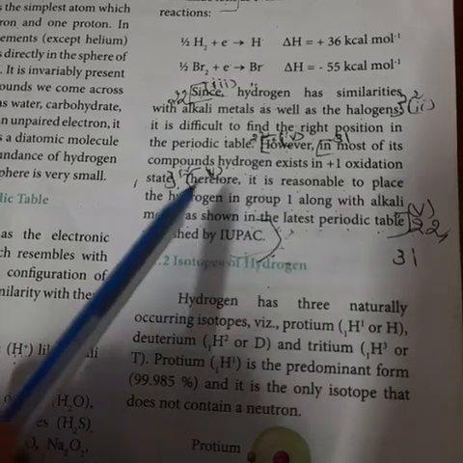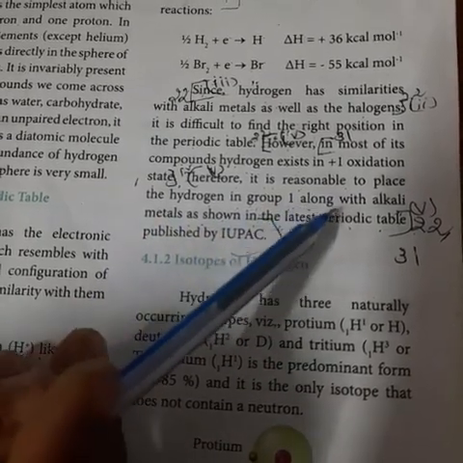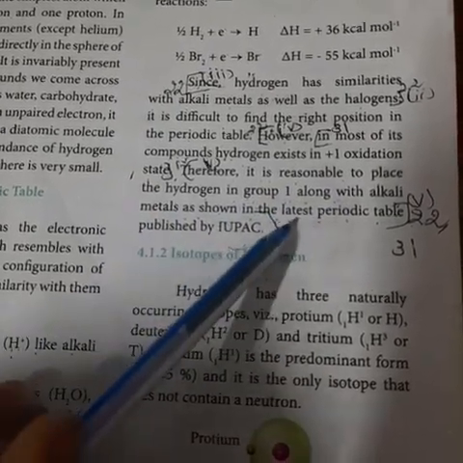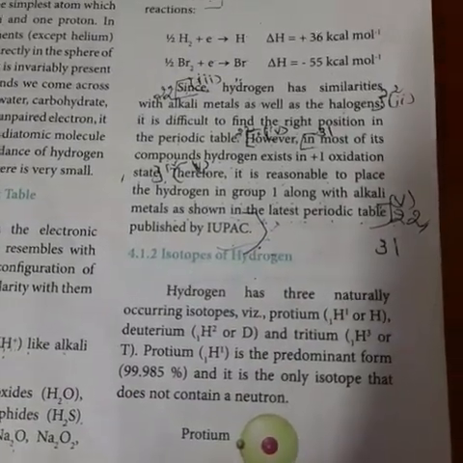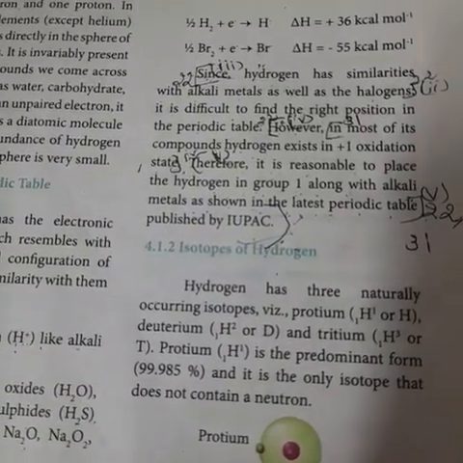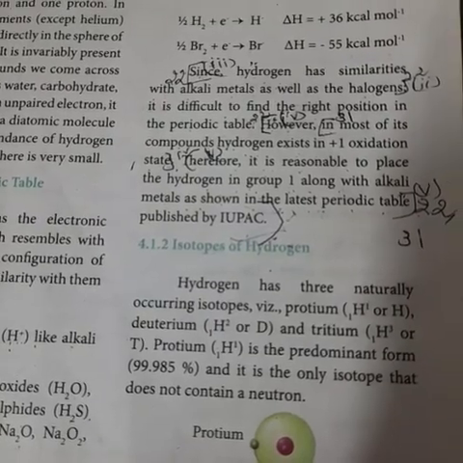Therefore it is reasonable to place hydrogen in group 1 along with alkali metals, as shown in the latest periodic table. Hydrogen is placed in group 1. Understood?